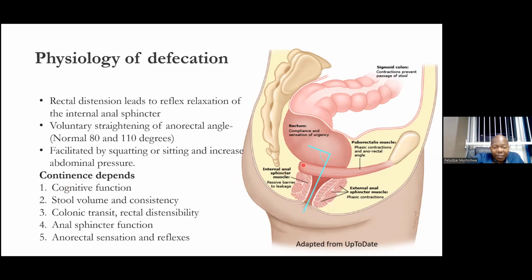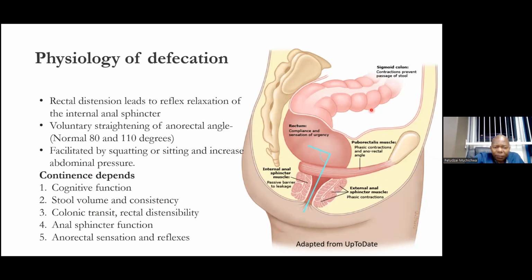But continence also depends on several key factors, which include the cognition that I need to pass stool here, and then being able to relax the puborectalis muscle and external sphincter muscle. If cognition is impaired, as we alluded to earlier, such as in patients with dementia, they may become incontinent. It also depends on the stool volumes. If we have large volumes of stool here, this mechanism may be overwhelmed, and then the patient becomes incontinent.